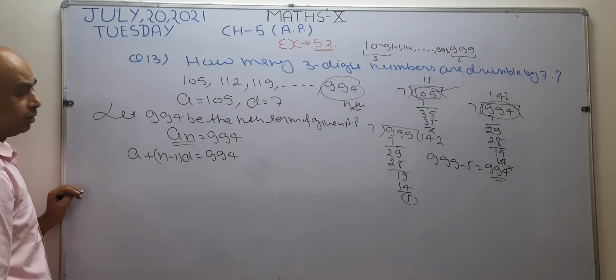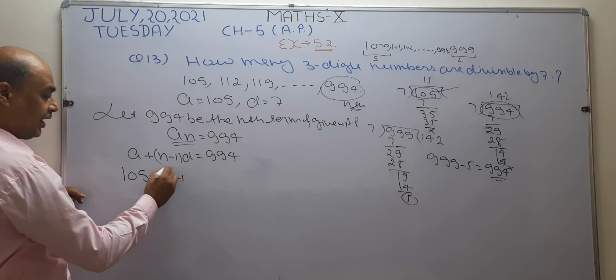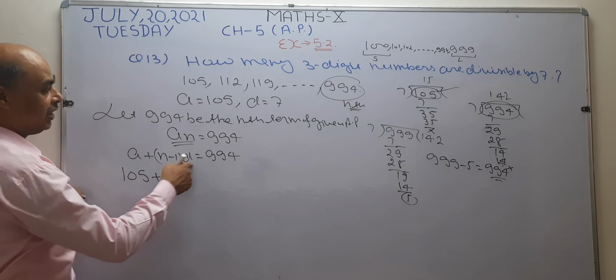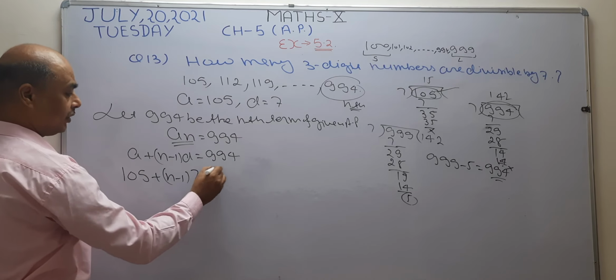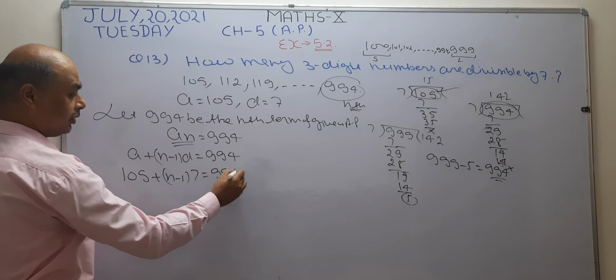What is the value of a? The value of a is 105. Right here, 105. After that, n minus 1 is there. What is the value of d? The value of d is 7. Now I take this number from left to right, so this positive number becomes negative. So right here, 994 minus 105 equals (n minus 1) into 7.